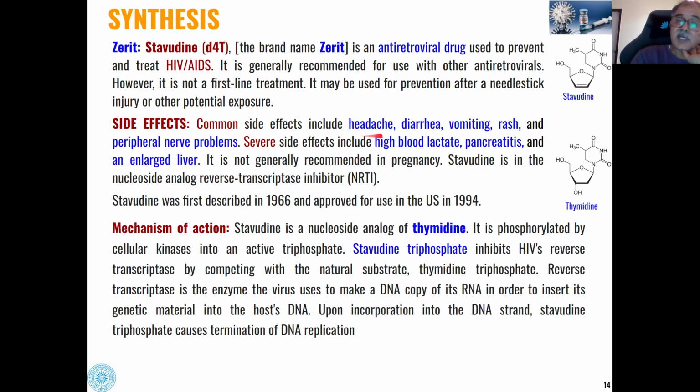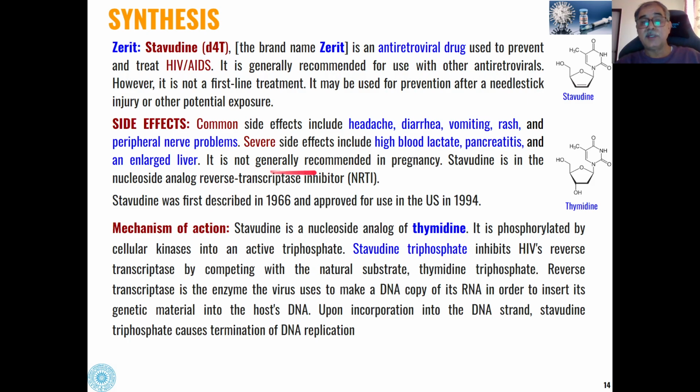Common side effects, like others, are headache, diarrhea, vomiting, rashes, and peripheral nerve problems. Severe side effects may be high blood lactate, pancreatitis, and enlarged liver, as we have seen in other antiviral drugs also.